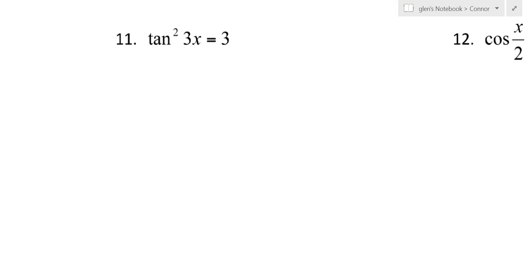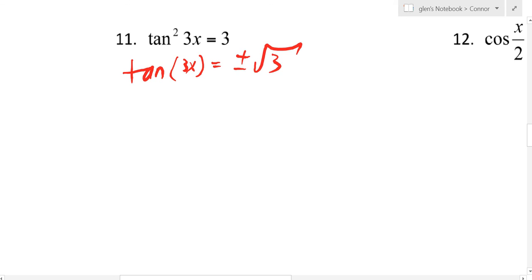And number 11, same thing, get tangent by itself, so take the square root. Just remember, when you take the square root, you get plus or minus. So I need to know where tangent equals root 3 or negative root 3. That happens 4 times, once in every quadrant, because it's either positive or negative. So it's going to happen when the inside angle, which is 3x in this case, is pi over 3 plus 2 pi n.